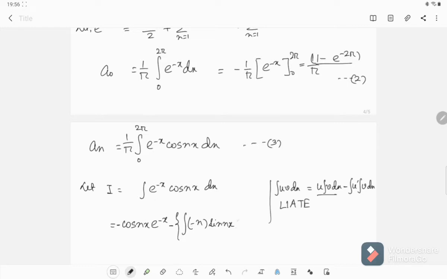Okay, and again the integration will produce minus of e to the power minus x dx.